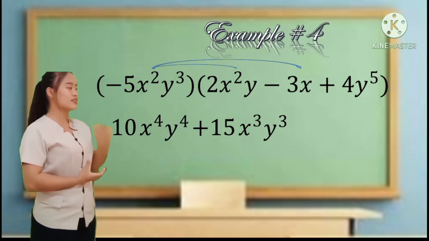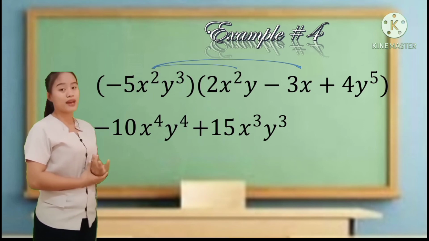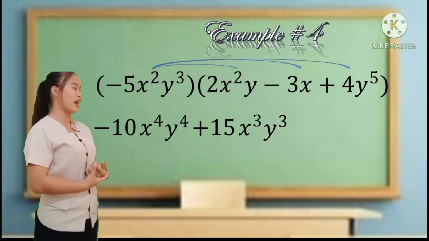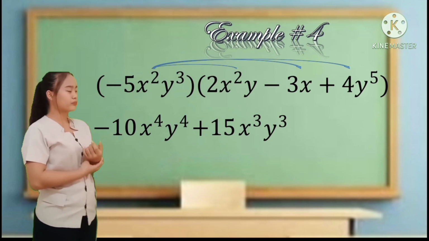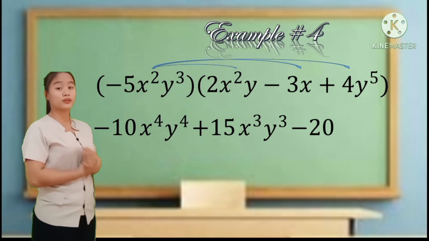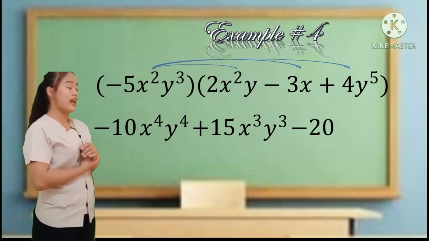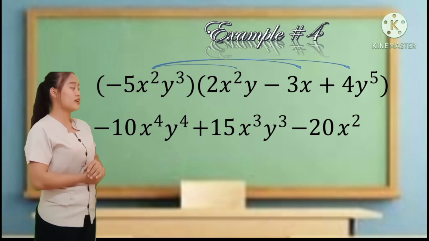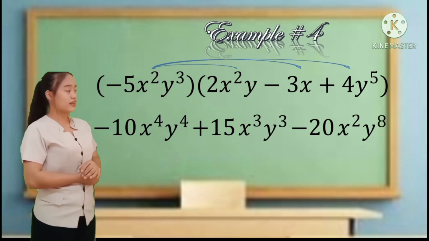And for the last term we have negative 5x squared y cubed multiplied by 4y raised to 5. So multiply the coefficients: negative 5 multiplied by 4 is equal to negative 20. Then x squared, then y raised to 3 plus 5, so it's equal to y raised to 8.